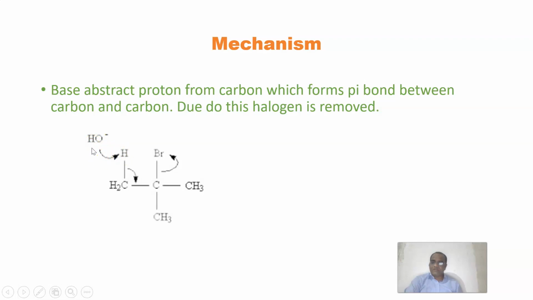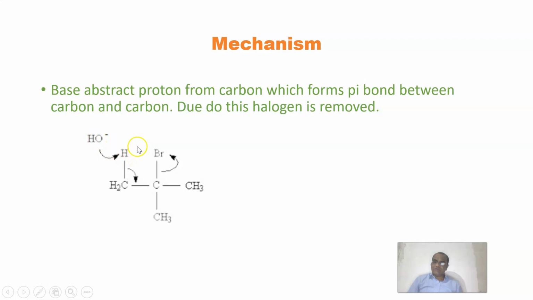Students, don't get confused with these arrows. These arrows indicate the flow of electrons, right? Oxygen is an electron rich center, and hydrogen is an electron deficient center. From the periodic table we can understand that oxygen is more electronegative than hydrogen.